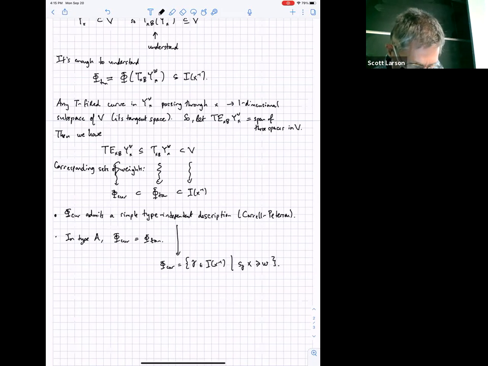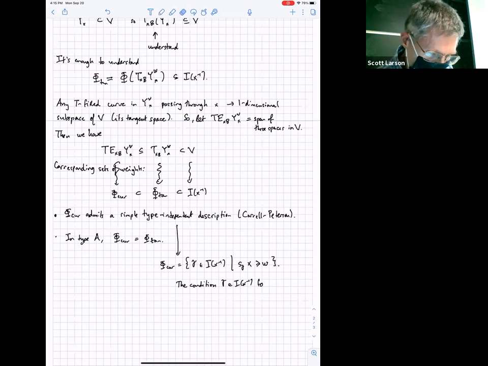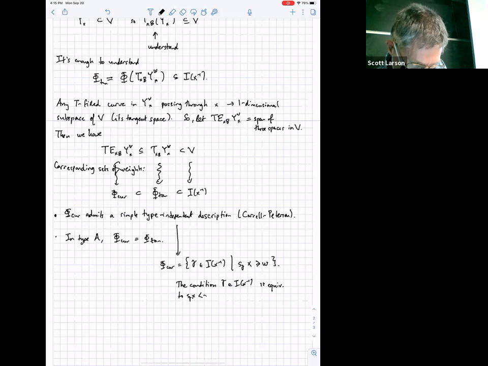In fact, the condition that gamma is in I of x inverse is basically equivalent to S gamma of x less than x.